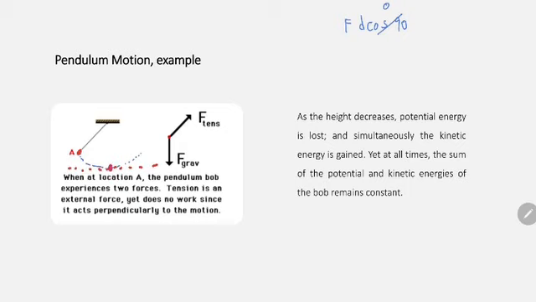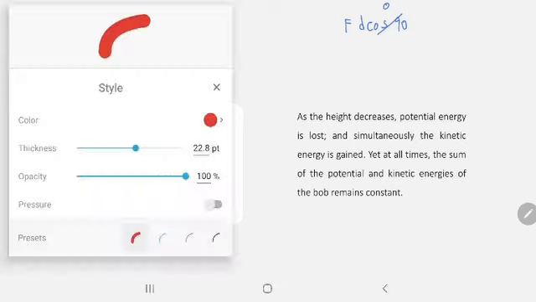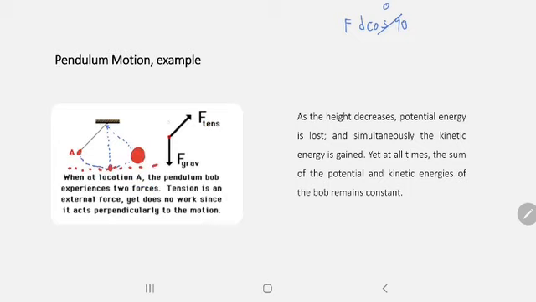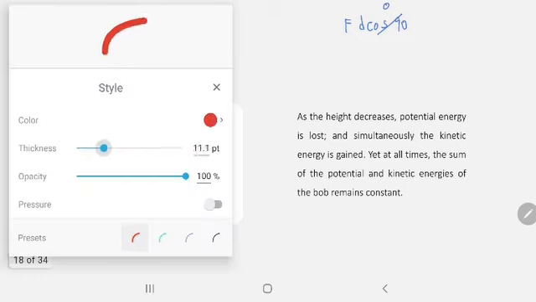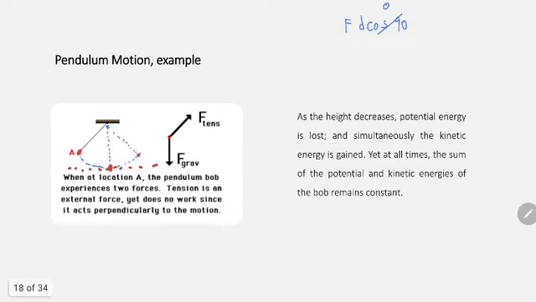At this point, pinakamababa yung kanyang potential energy. And then, again, aakyat siya dito, kung saan marereturn niya na yung original height niya. And then, babalik na siya doon to position A, to point A.